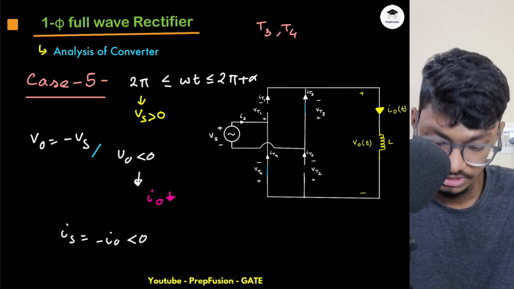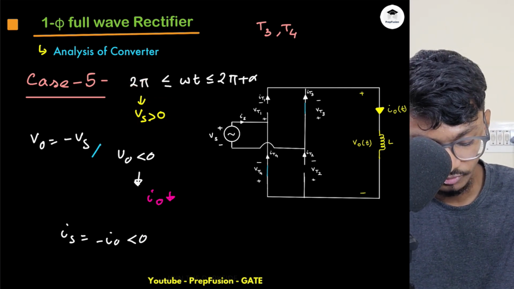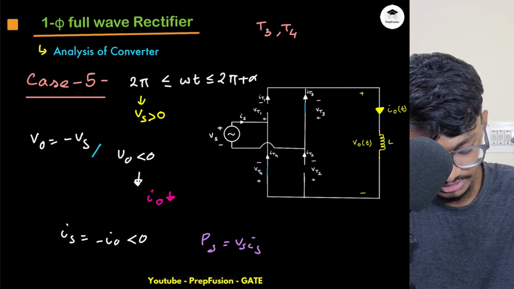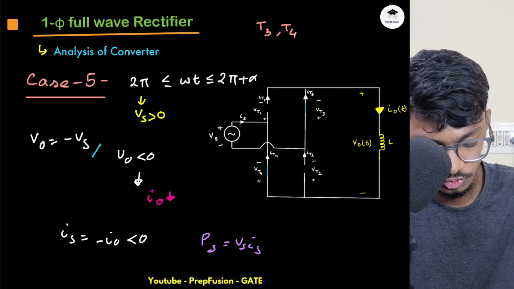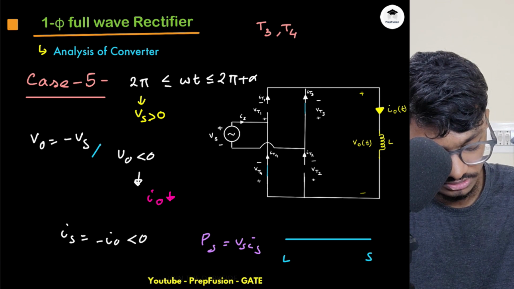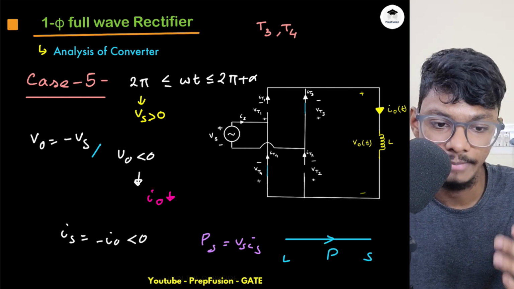And my VS is positive, because after 2 pi my VS is positive. So overall, what is the direction of power flow? PS equals Vs into Is. Overall this is negative. So again power will flow from load to source this time, because our source is absorbing the power.